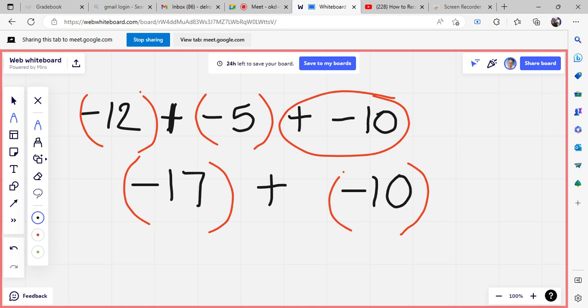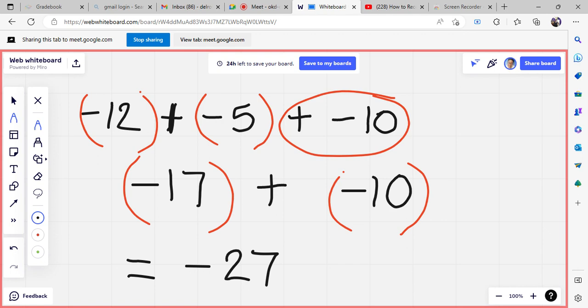So we have 17 and we're adding 10 to that. 17 and 10 will give you 27. And remember, it's going to be a negative based on the rule. So our answer right here, and we're finished, is negative 27. All right, and that's it.